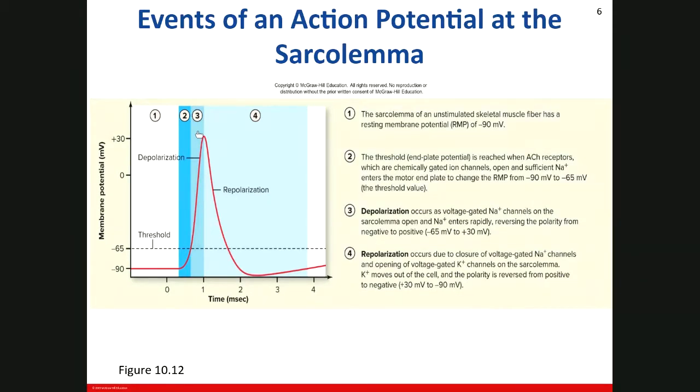Then the sodium channels become closed and potassium channels become open. Potassium ions leave our cell and inside our cell becomes more and more negative. And this is the meaning of repolarization. We have a small amount of hyperpolarization here, and after that the sodium potassium ATPase starts to work and brings the membrane potential to the normal limit again.